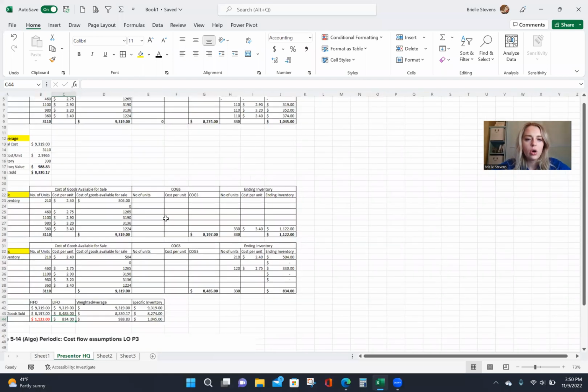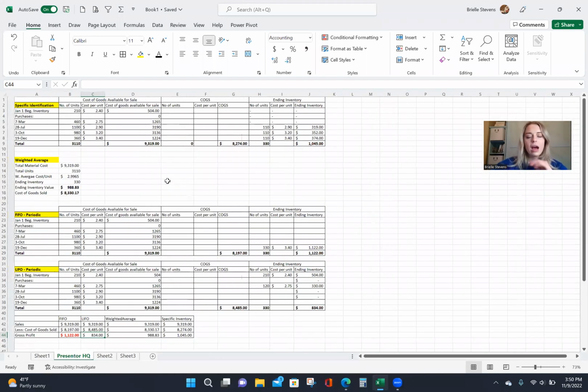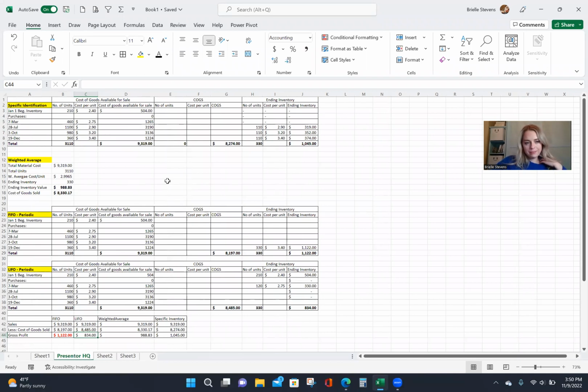So again, I hope that if you're a visual person like I am, this helped you to understand where things go, and how each method works in terms of taking things out, when to take them out, and where to use which figures. If this feels overwhelming, remember you can completely disregard this entire column. This is just one equation, so maybe all you want to do is the ending inventory.